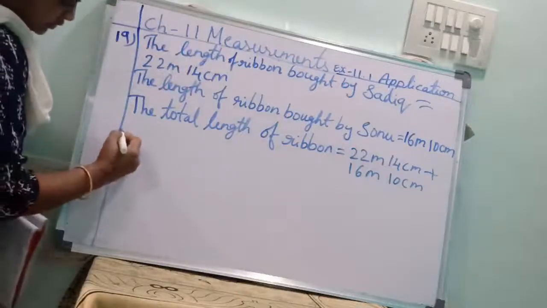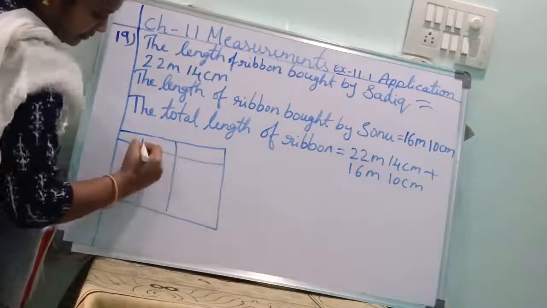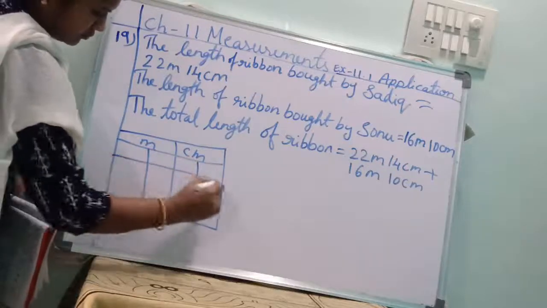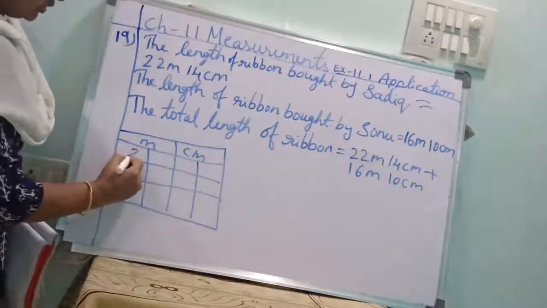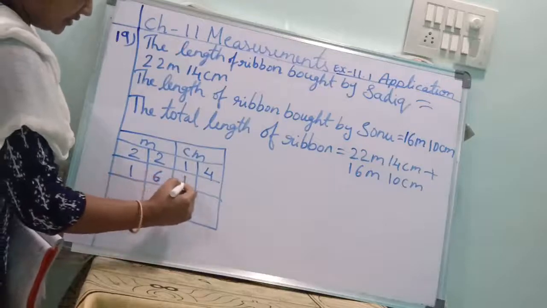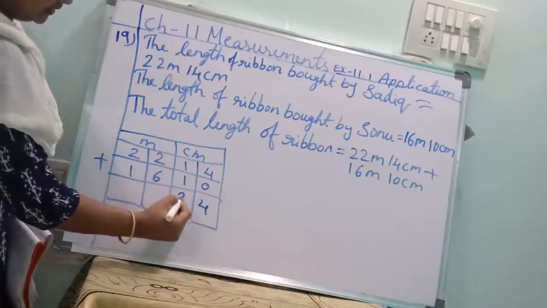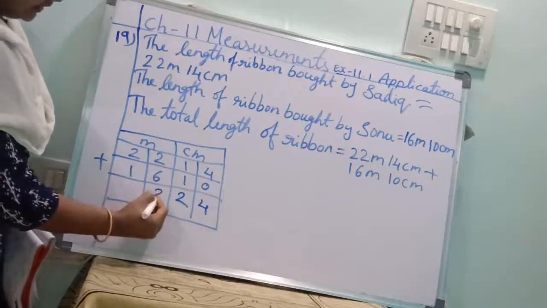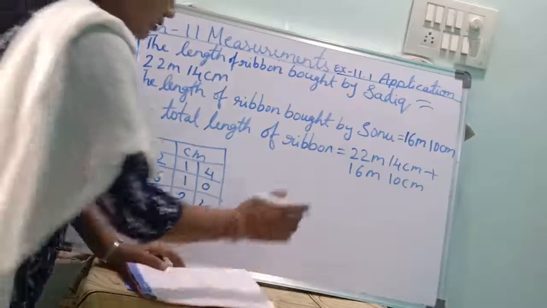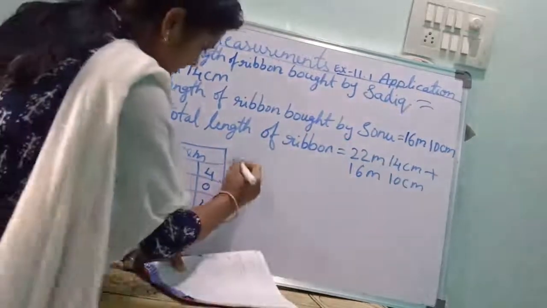First of all, make the columns: meter column, centimeter column. Addition: 0 plus 4, 4. 1 plus 1, 2. 6 plus 2, 8. 2 plus 1, 3. What is the total? 38 meters 24 centimeters.